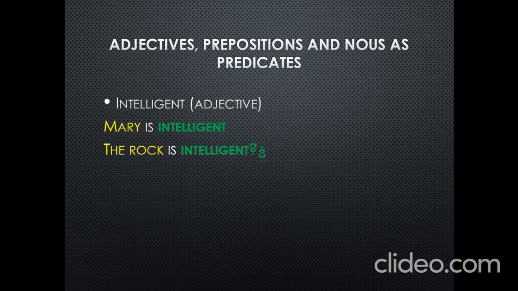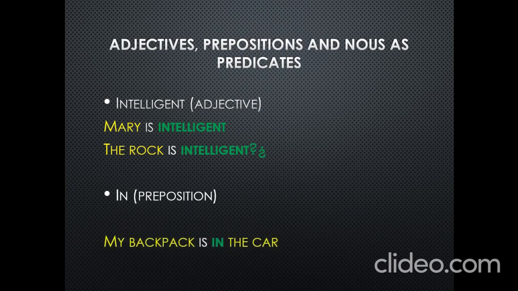Sorry. Let's see what happens with a word like in, which is a preposition. We have a sentence like, "my backpack is in the car." Again, let's identify the referring expressions. My backpack is a referring expression. The car is also a referring expression. So we have the verb to be that we said cannot be a predicator.